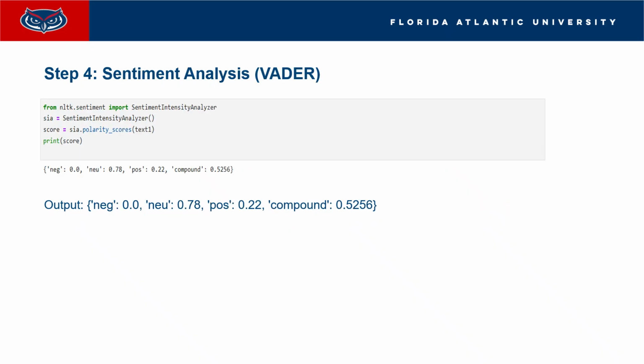Finally, using VADER, which stands for Valence Aware Dictionary and Sentiment Reasoner, NLTK assigns a score representing the emotional tone of the text. Since we incorporated a positive text, our text leans slightly positive overall.